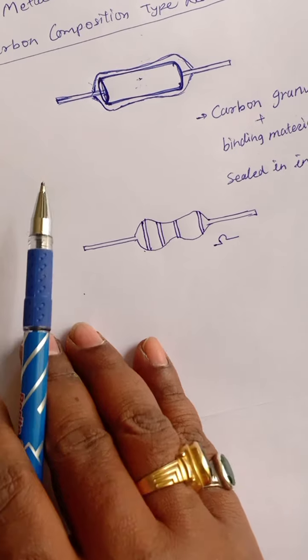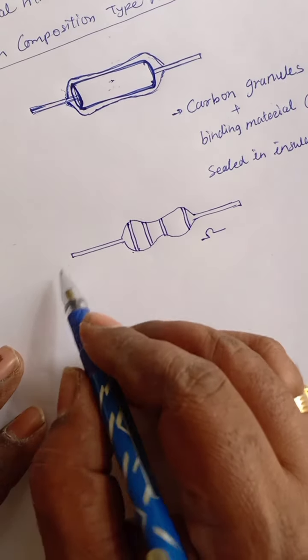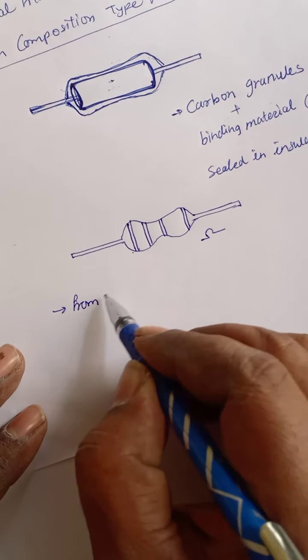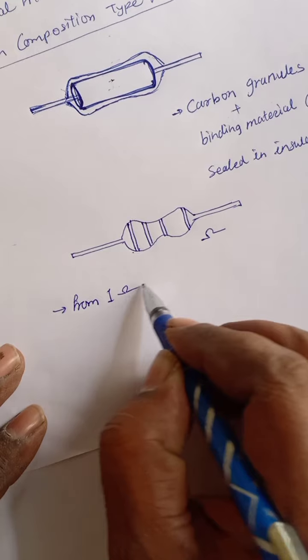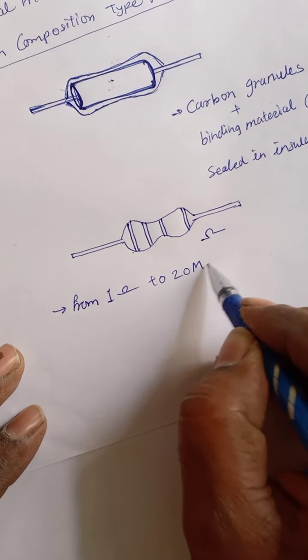Such type of carbon composition resistors are available from 1 ohm to 20 mega ohm.